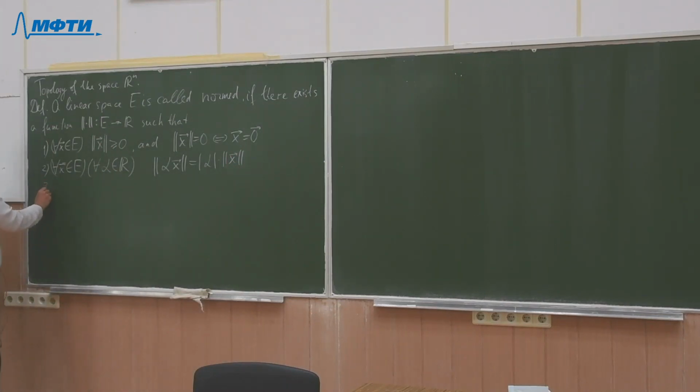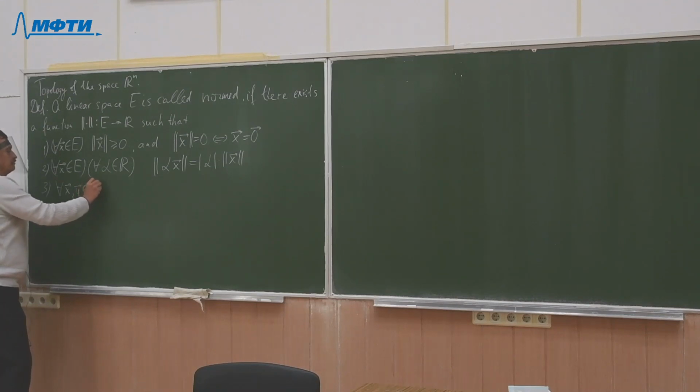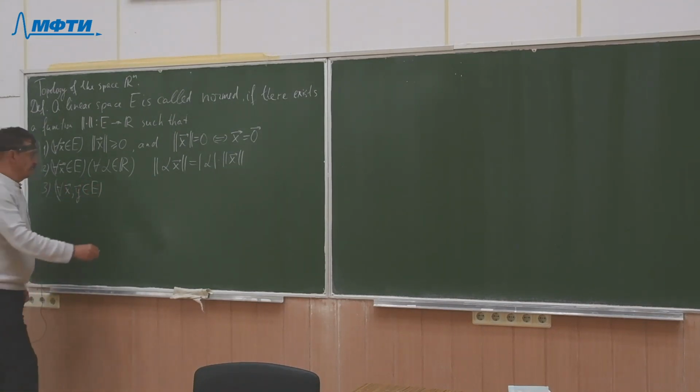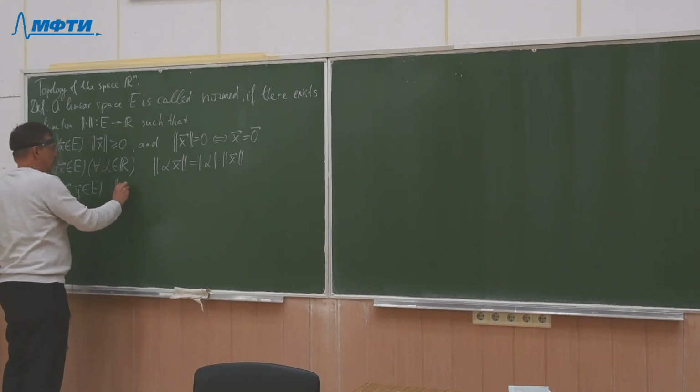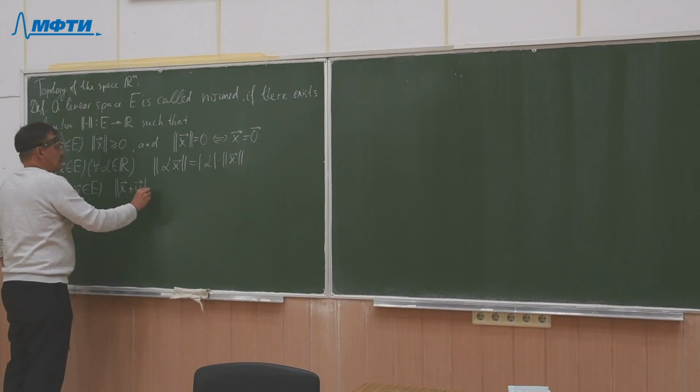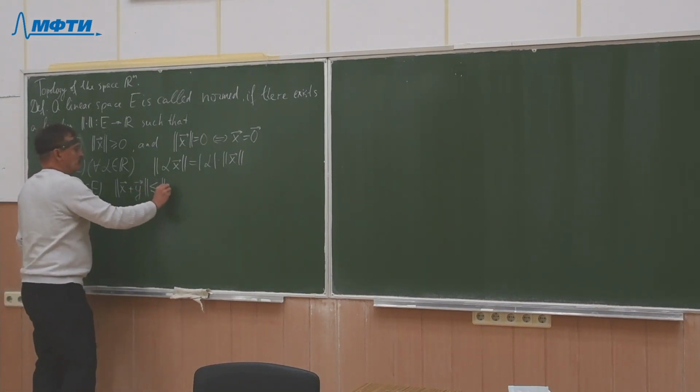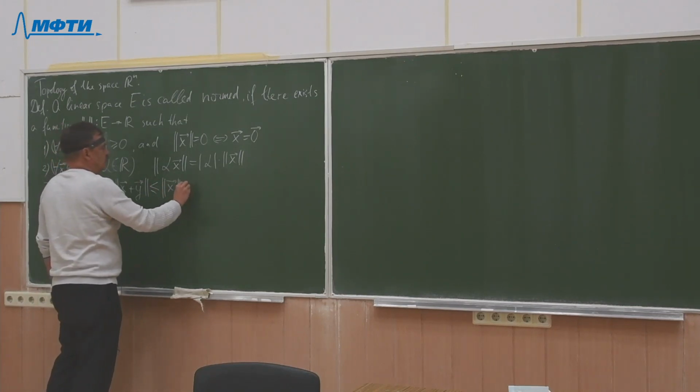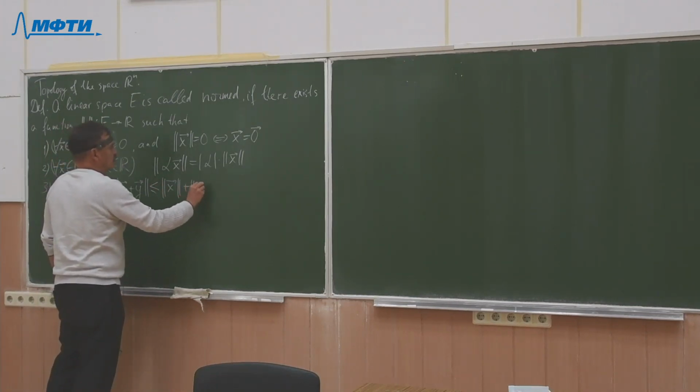And third property, for arbitrary two vectors x, y in E, we have the triangle inequality: the norm of x plus y is less than or equal to the norm of x plus the norm of y.